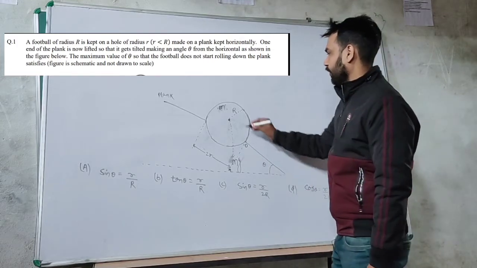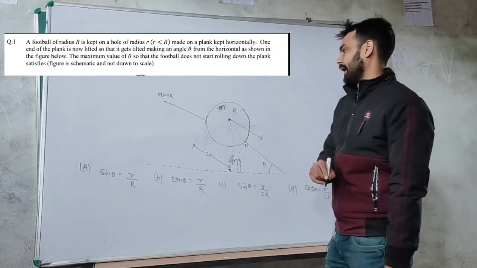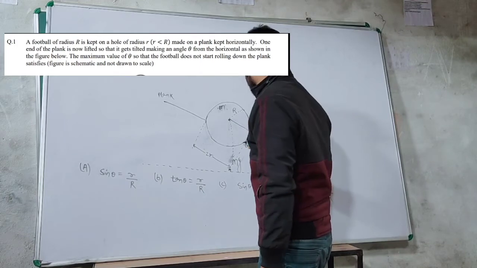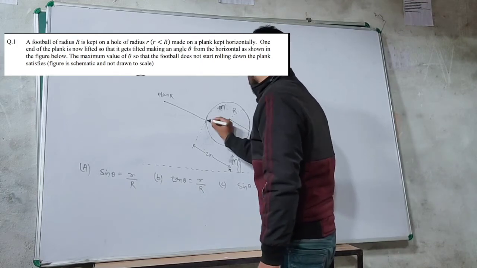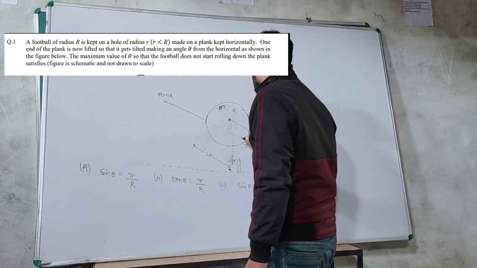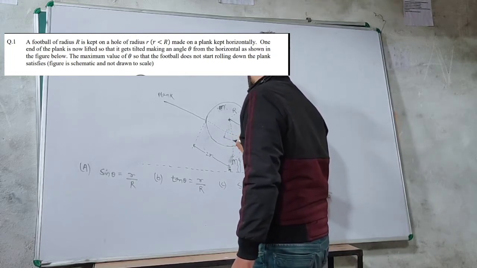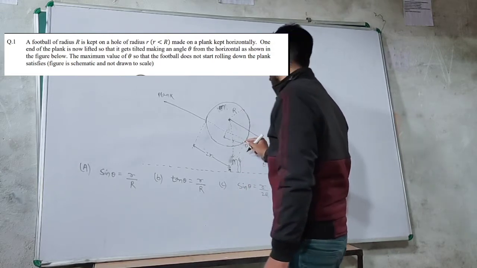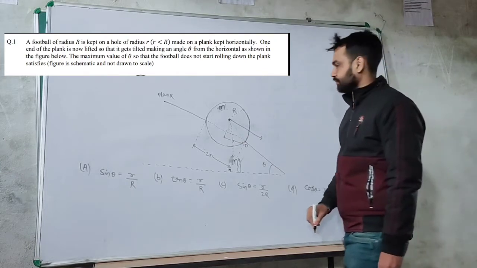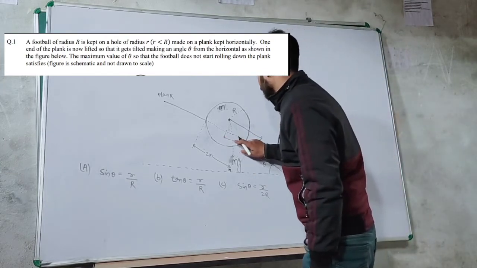One component of weight would be along the direction of the plank, the hypotenuse of the plank, and one along the perpendicular direction. Here it is a hole of radius small r; the distance from the point O, where the football is touching the plank, is small r, the radius of the hole.